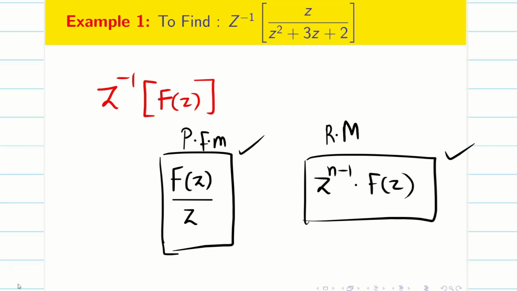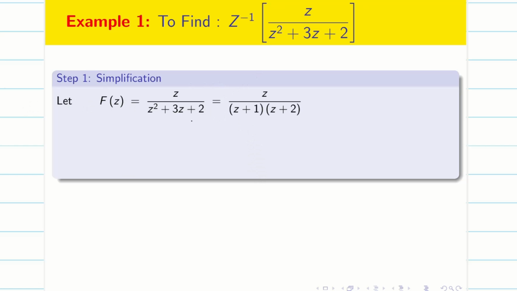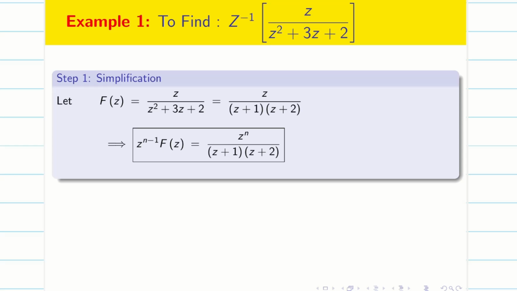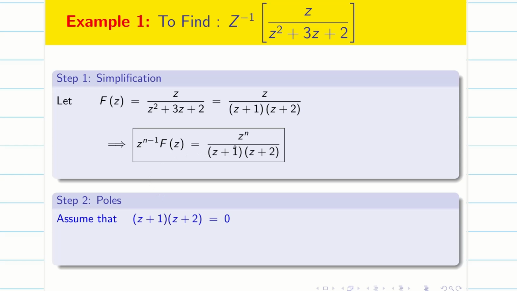Now we know our F of z, that is z divided by z square plus 3z plus 2. Now I can split this into z plus 1 into z plus 2. Next, if I multiply with z power n minus 1 into F of z, we will get z power n divided by z plus 1 into z plus 2. Step 1 gets over.